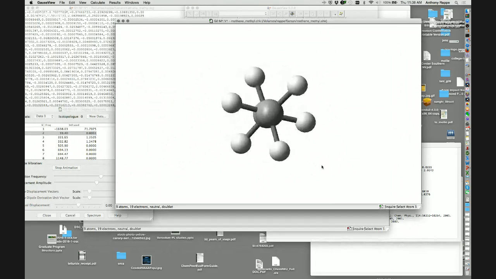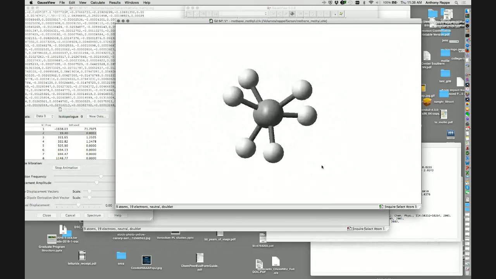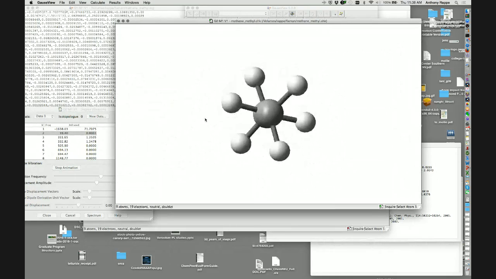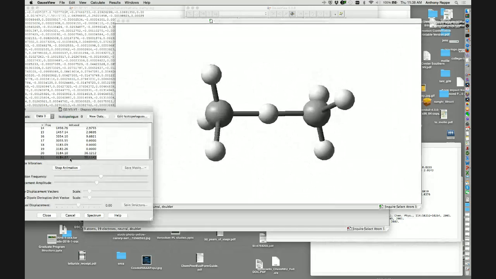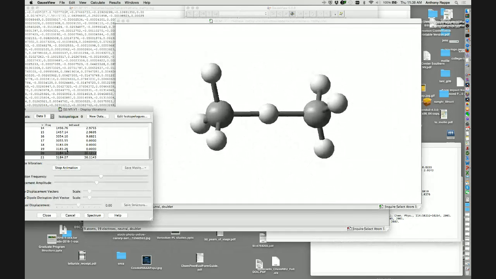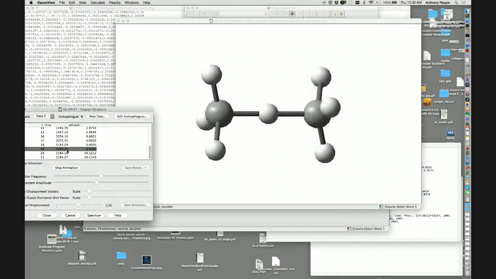So instead of being around 300 wave numbers, it's really tiny because there isn't a lot of connection between those terminal CH bonds. You can look at all the different vibrational modes for the molecule.